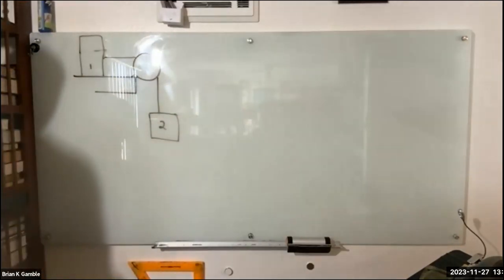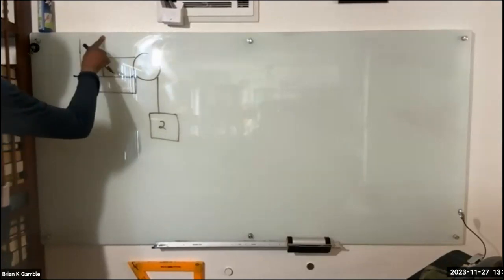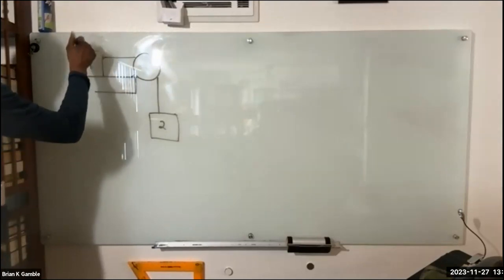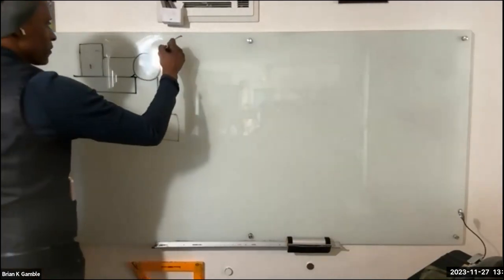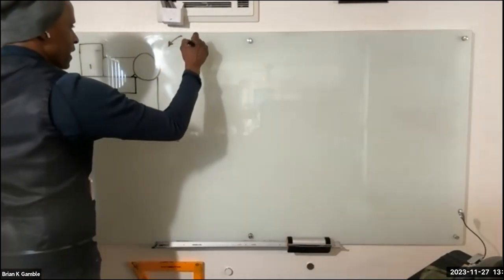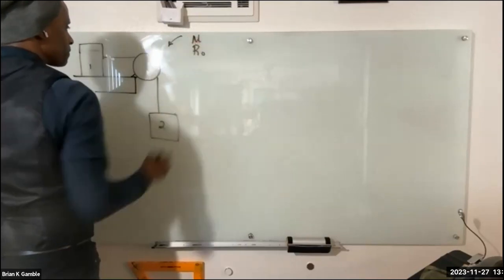Let's just go ahead and throw friction in as well. We're dealing with that. So here, but now the pulley has mass m and radius r naught.